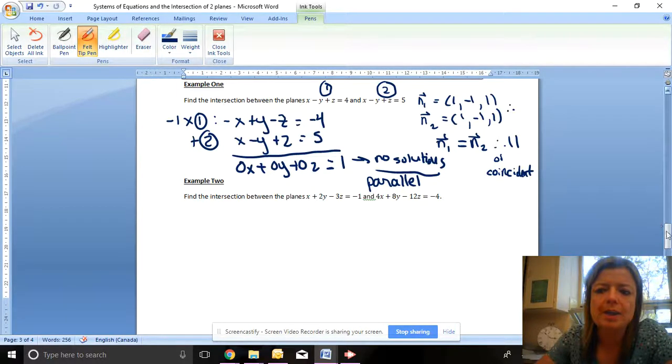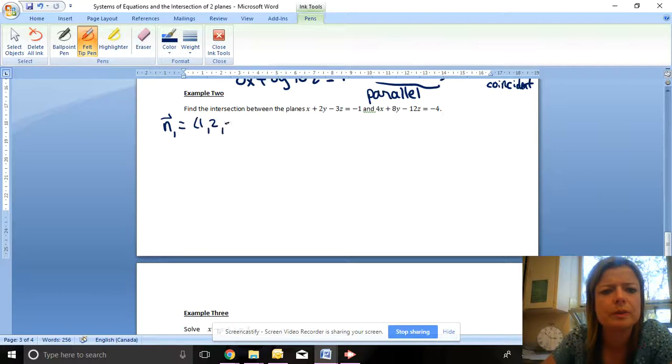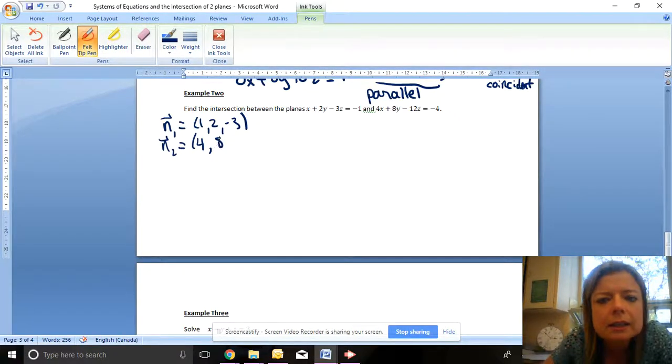Okay, so what happens here with this example 2? Okay, so again, we check the normals. So normal 1 is equal to 1, 2, -3, and normal 2 is equal to 4, 8, -12. So notice that normal 2 is just equal to 4 times normal 1.